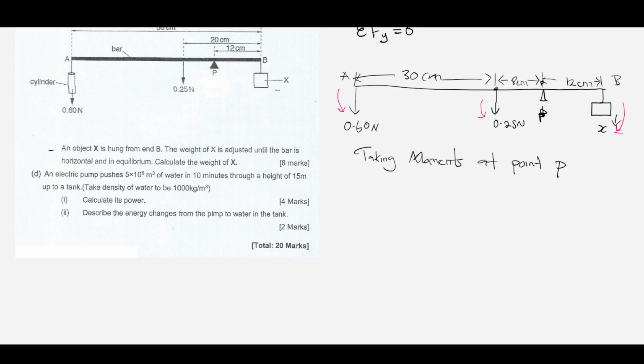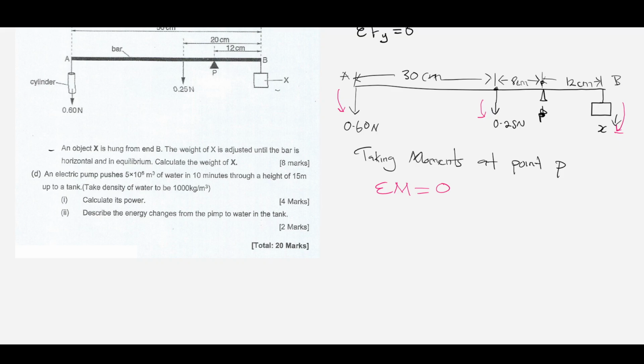So we're going to take clockwise moments to be negative and anti-clockwise moments to be positive. Using the principle of moments, since the beam has to balance, we want to find the force X when the beam is balanced. So the summation of moments has to equal 0.